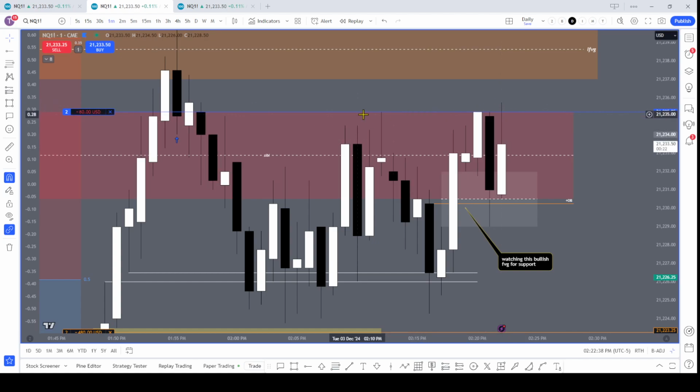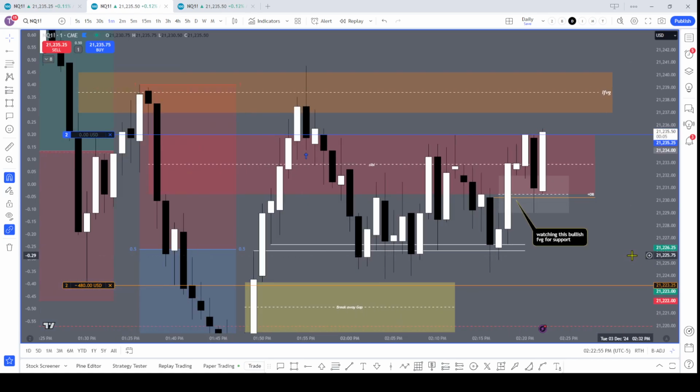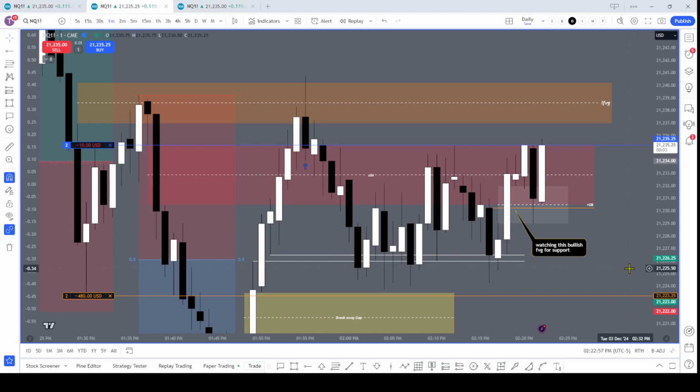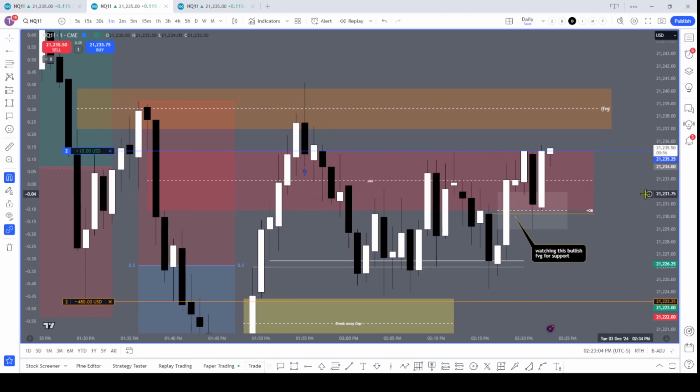Came and wicked above this high, these equal highs, boom, wicked it. Same high as this candle. So, algorithmic signatures. Close right at the high again.